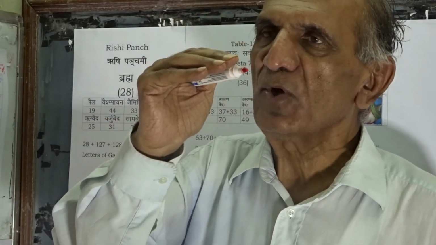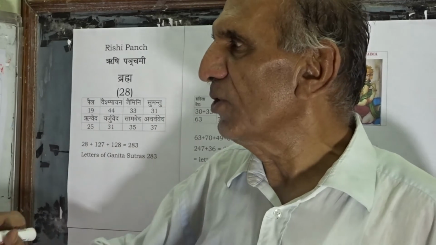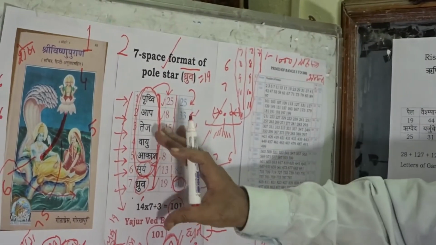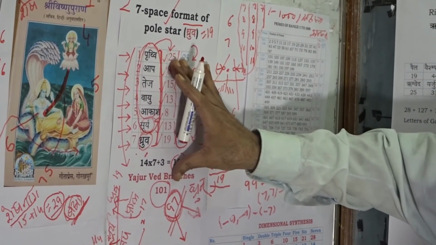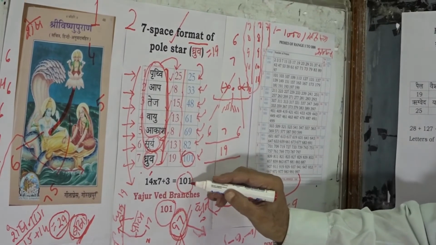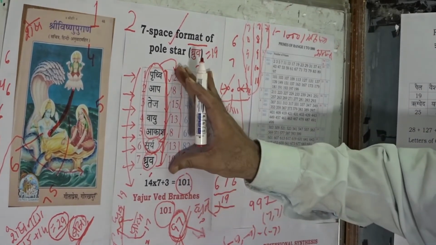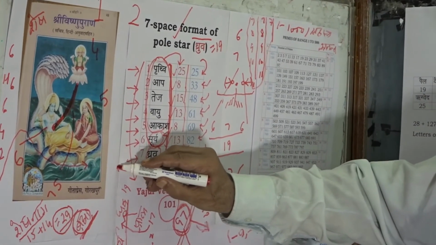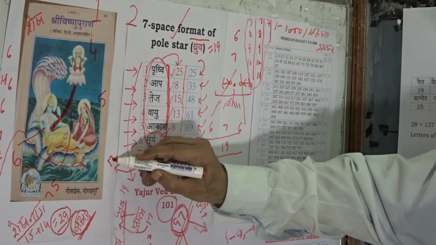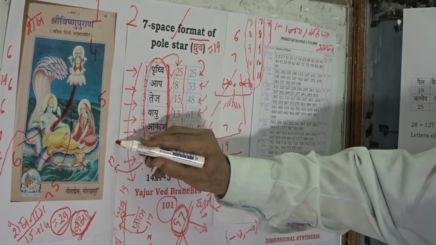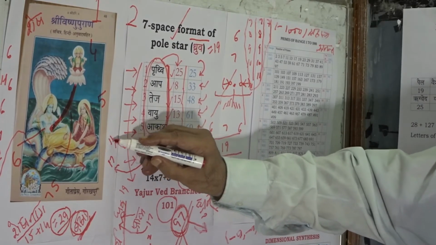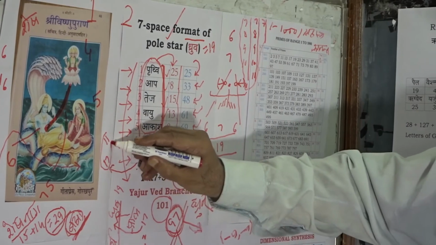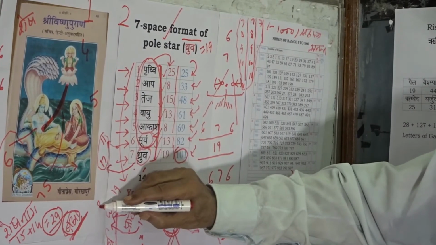The second tabulation is the tabulation of a reach from Earth to a pole star in 7 steps, and this leads to a value 101, and then with its disintegration, when the pole star goes to its dimension value 17 and Surya goes to its value 11, total making it value 28. So it is the Brahm.